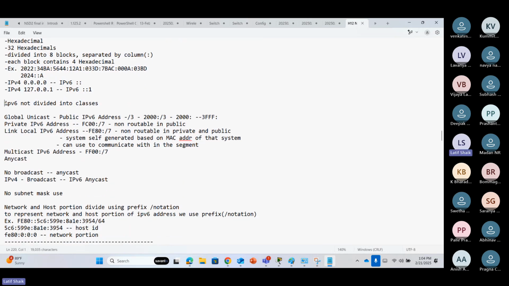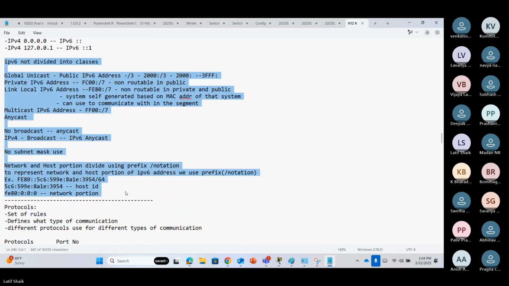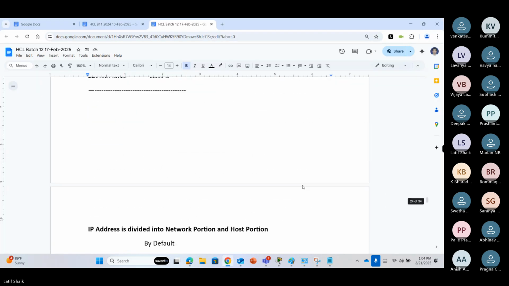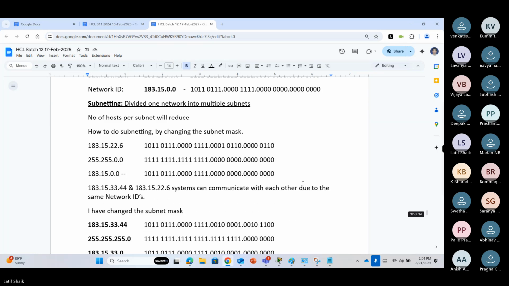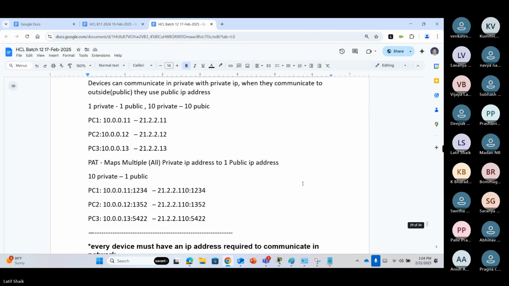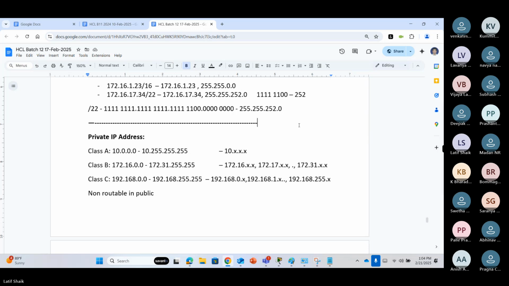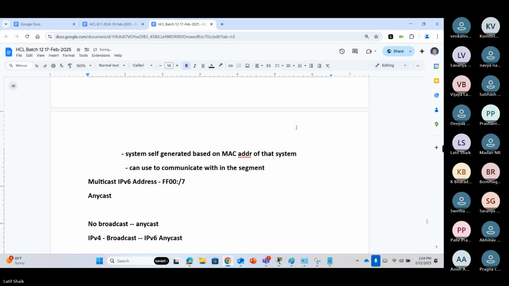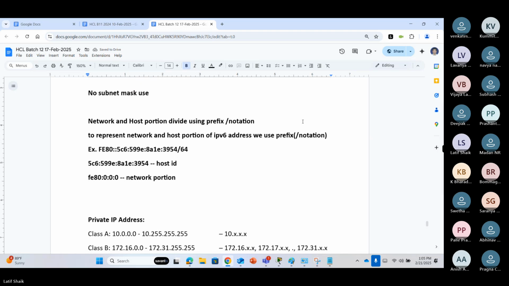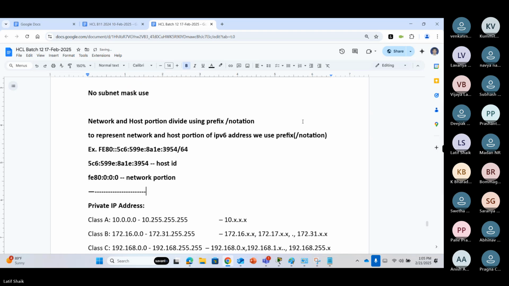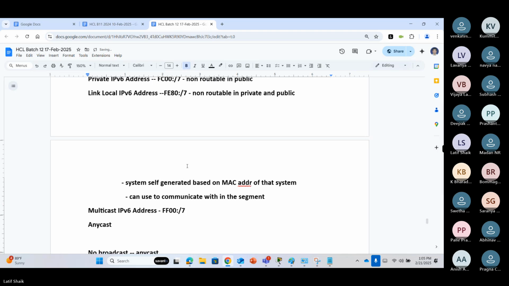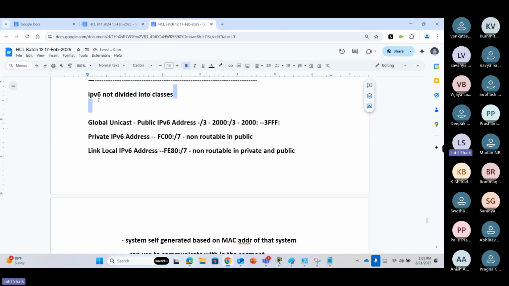Okay. IPv6 is not divided into classes. Global unicast represents public IPv6 addresses.